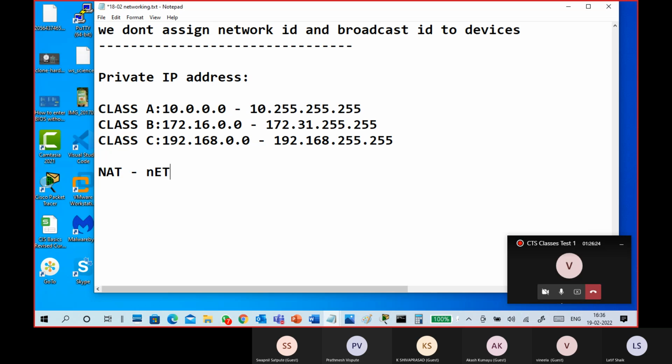NAT means network address translation. Using NAT and PAT, we are able to communicate from inside to outside.